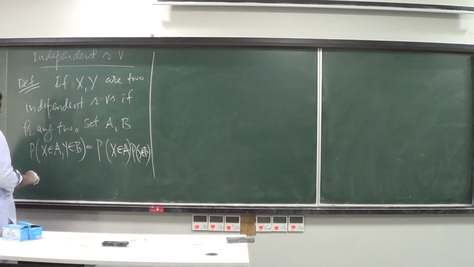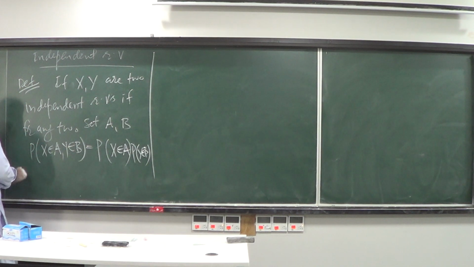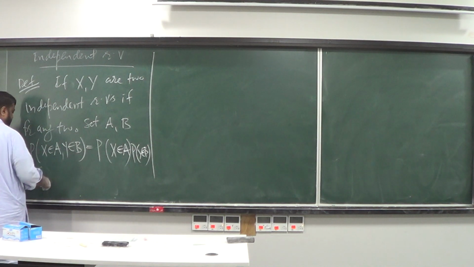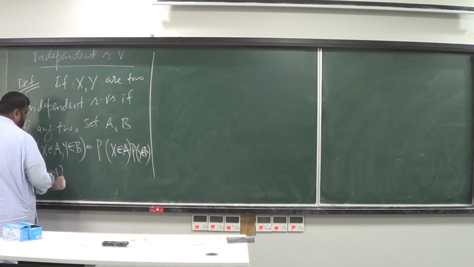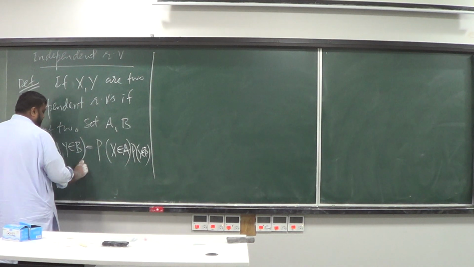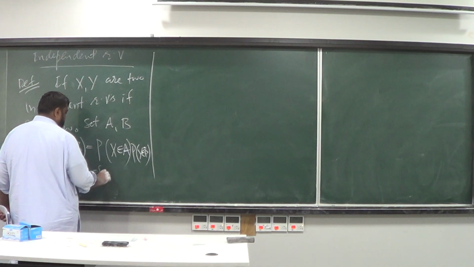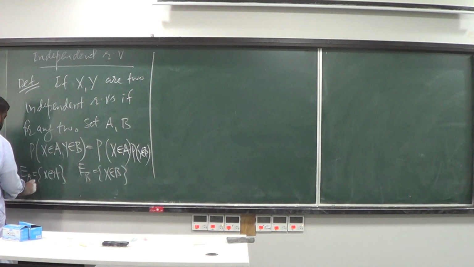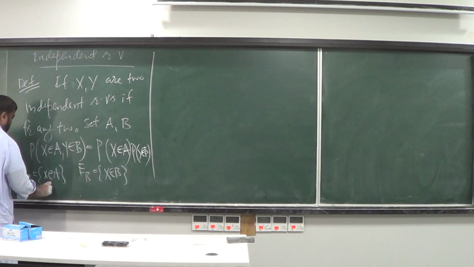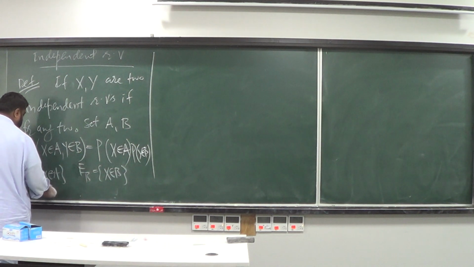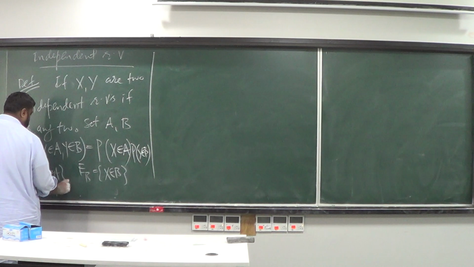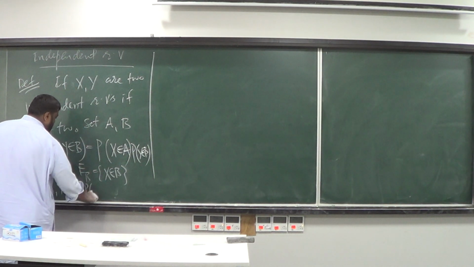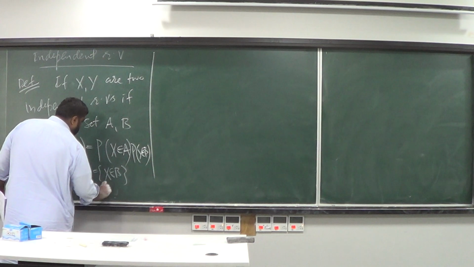You can also write it as follows: if you have this event EA, which means that x belongs to A, and event EB, which means that y belongs to B, then the probability that x belongs to A and y belongs to B is basically the probability of EA intersection EB.